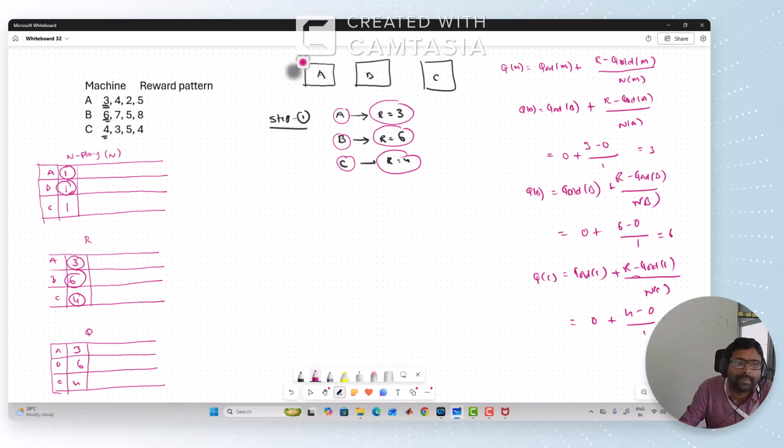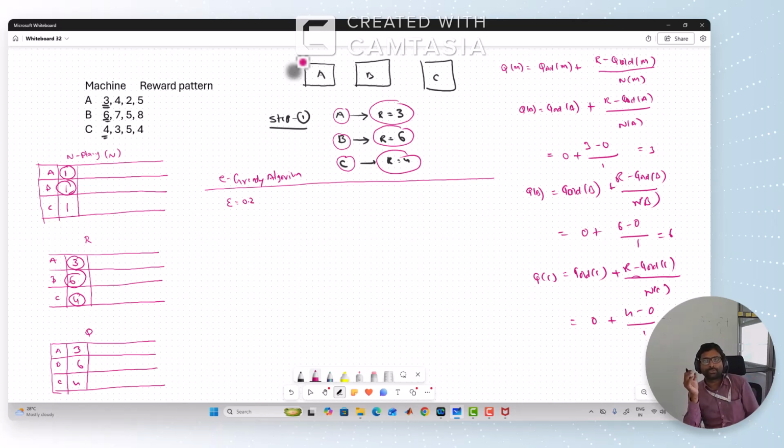Now we will implement the epsilon greedy algorithm. So this will be our next step. In the epsilon greedy algorithm, first we have to initialize the epsilon value. I assume it is equal to 0.2. Generally we choose a small epsilon value.